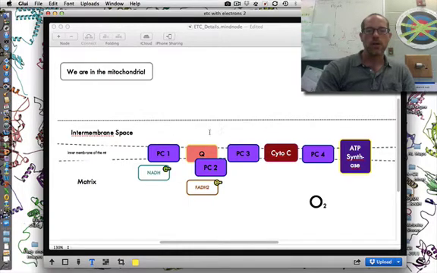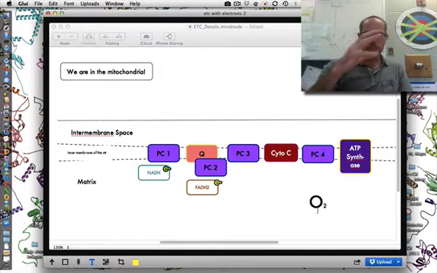Also of note, we've got our electron shuttles, both NADH, teal from earlier in our screencast, and then also FADH2, which is this kind of beautiful coffee color, also from an earlier screencast. And then none of this stuff happens without oxygen. So oxygen is present in the matrix of the mitochondrion.